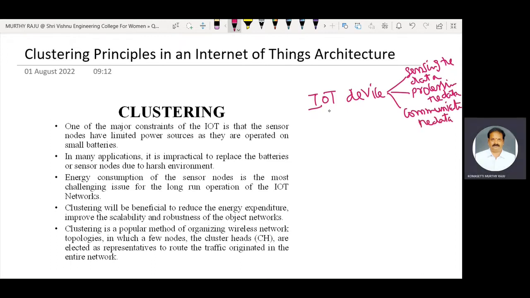Most IoT devices are involved in such operations. IoT devices are battery operated.